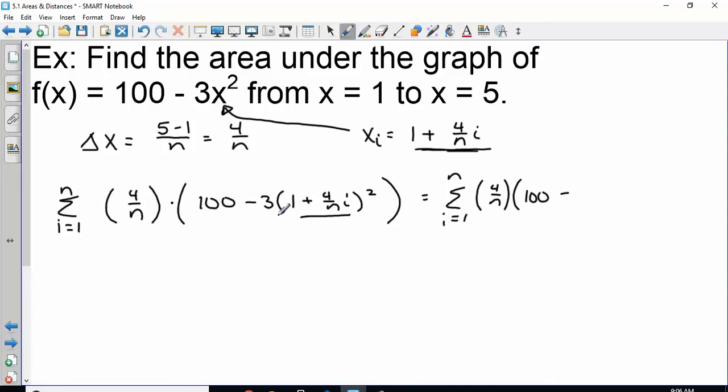Can I do that all at once, or am I going to lose you? I'll break it up into steps. If I FOIL this, we get 1 plus 4 over n i plus 4 over n i would be 8 over n i, plus 16 over n squared i squared.